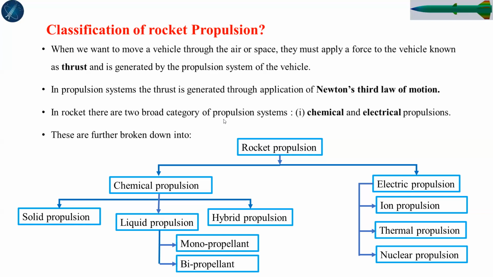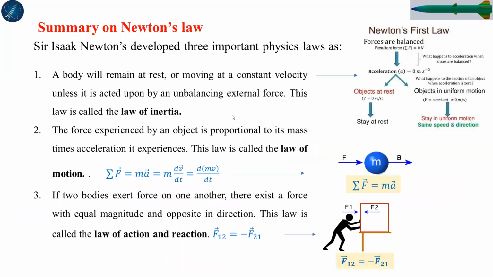And hybrid propulsion is the combination of the two, where a liquid part is there and a solid part is there. And when we come to liquid propulsion, monopropellant is there, bipropellant is there. Mono means the propellant has one characteristic, but bi means two propellant characteristics. So based on that, we classify like this.